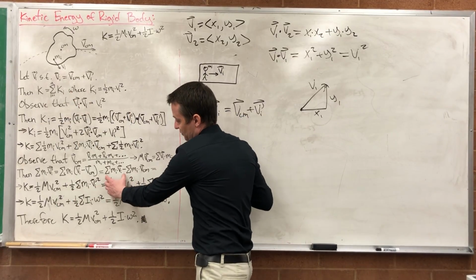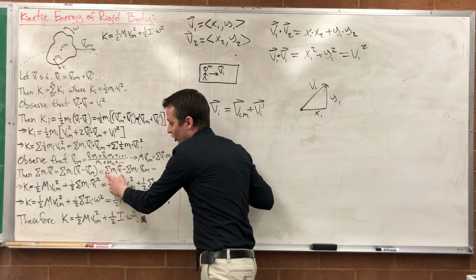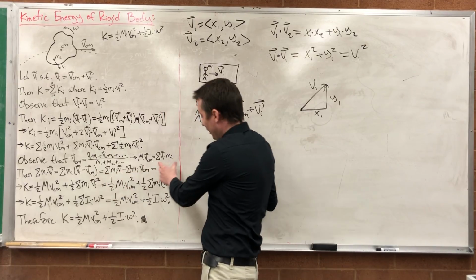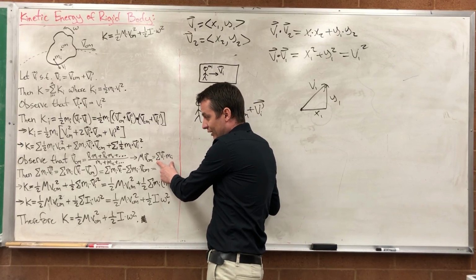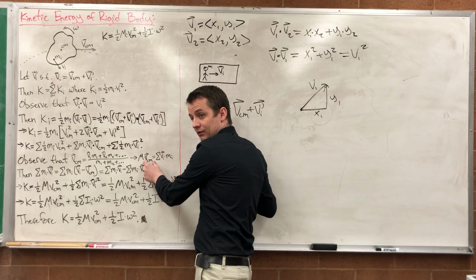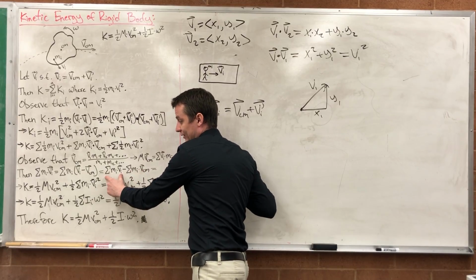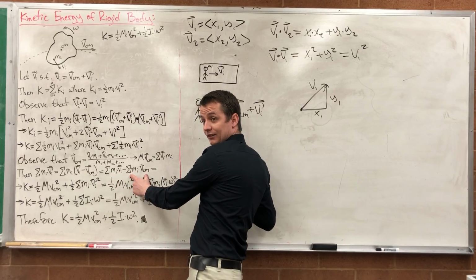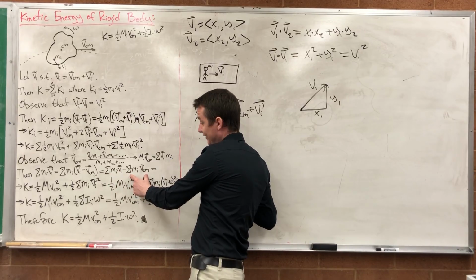Okay, now notice what we have right here. We have the sum of all the masses times their velocities. The sum of all their masses times their velocities is equal to the total mass times the velocity of the center of mass. You got your words mixed up, I guess.